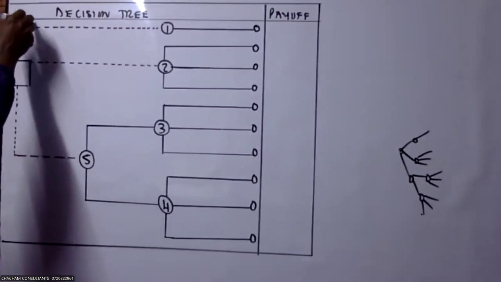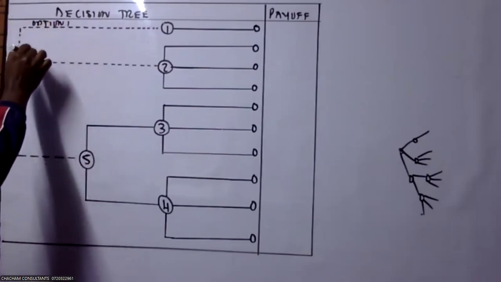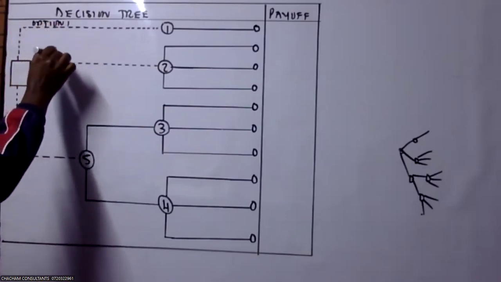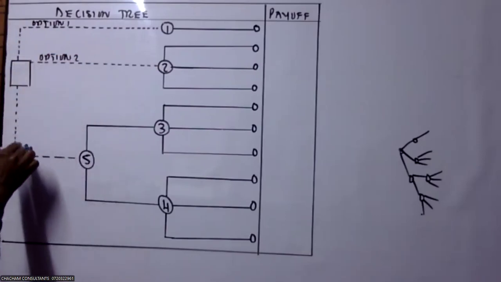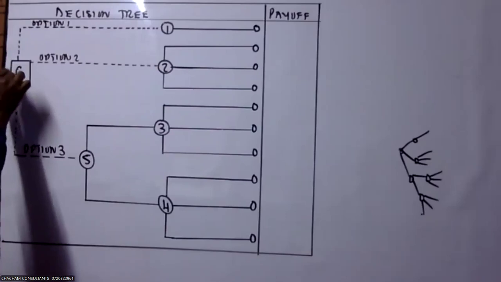So this is option 1. This is option 2. And this is option 3. This one we can call it number 6.